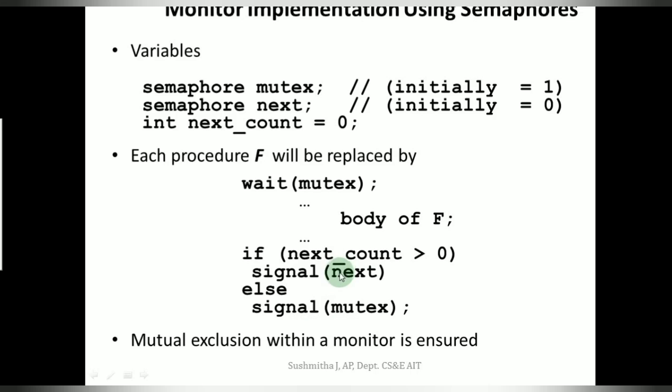Here we are using the signal next for a signaling process to wait until it is resumed. So this particular algorithm ensures that the monitor is run in mutual exclusion, that there is only one process at a time that is running.